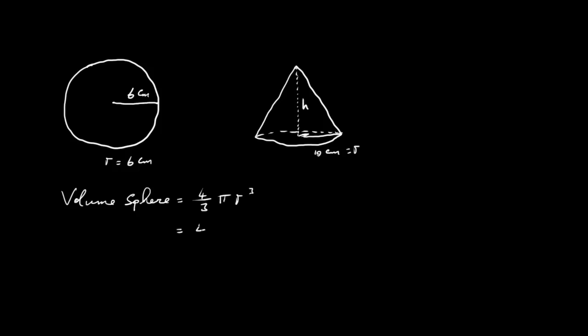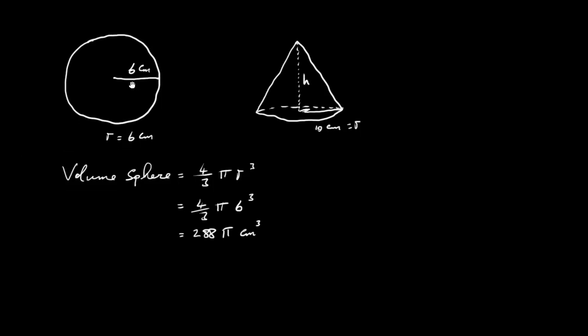In this case, we've got 4 over 3, we leave pi as pi, and our radius here is 6, so we multiply by 6 cubed. Let me just quickly work that out on a calculator. 4 over 3 times 6 cubed gives me 288. So that's 288 pi, and that's centimeters cubed.